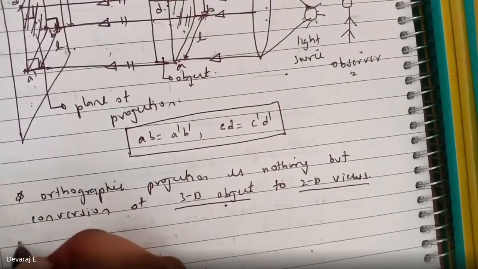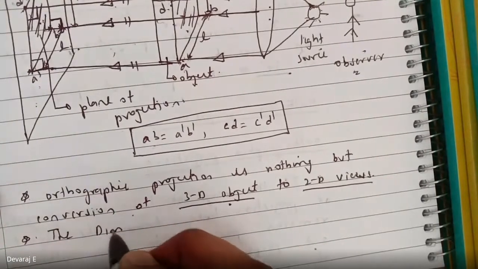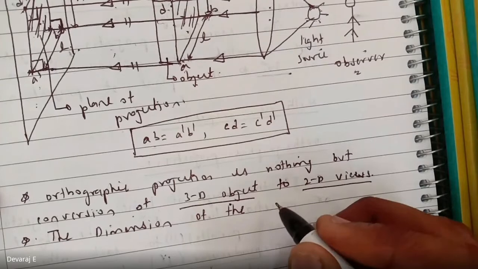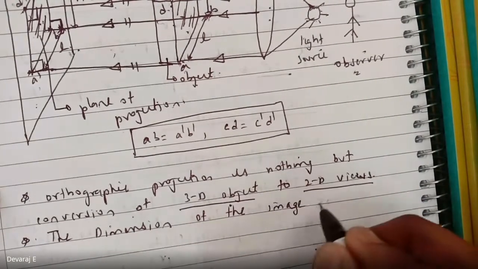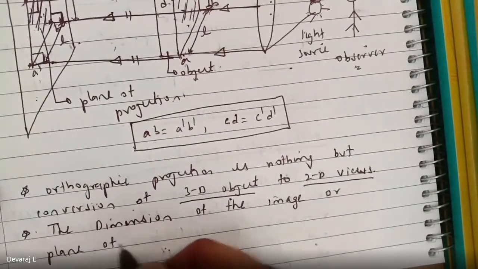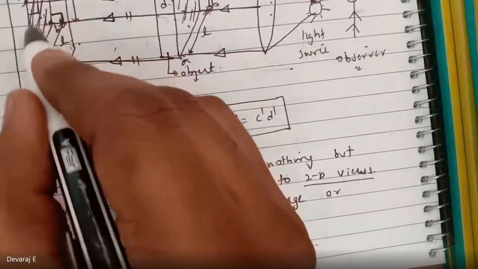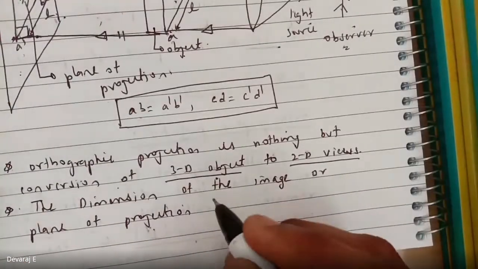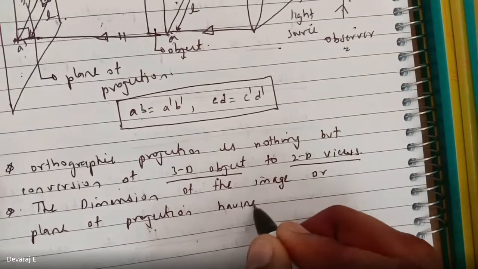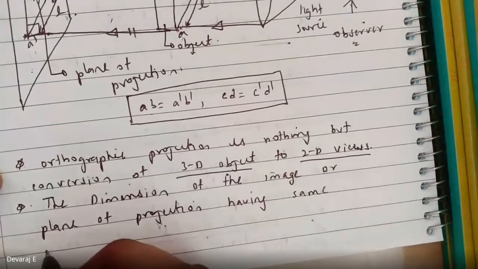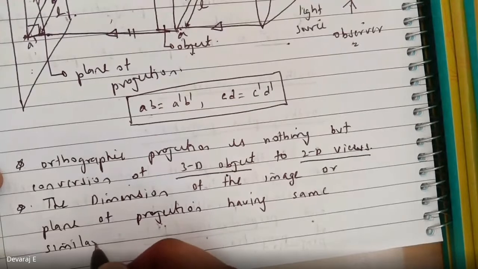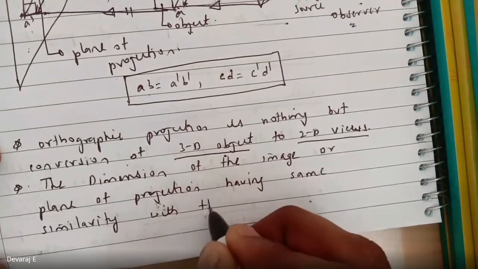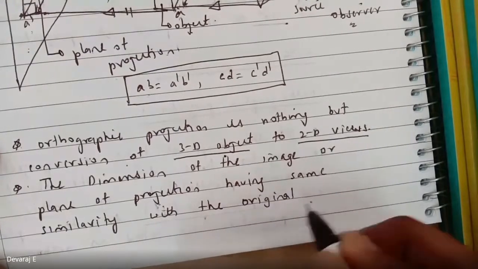Write down the next point. The dimensions of the image, or the plane of projection, which is the image falling on the reference plane, have the same similarity with the original object.